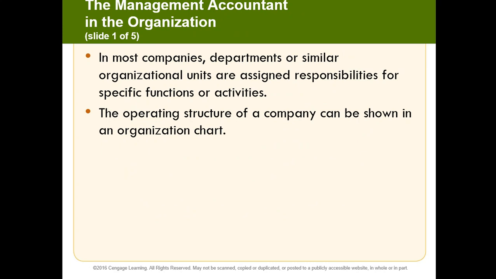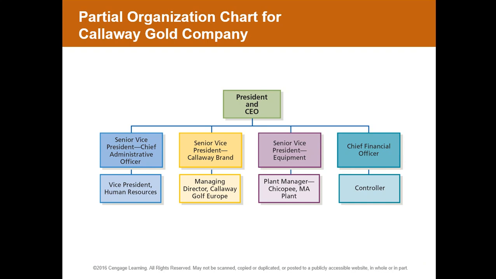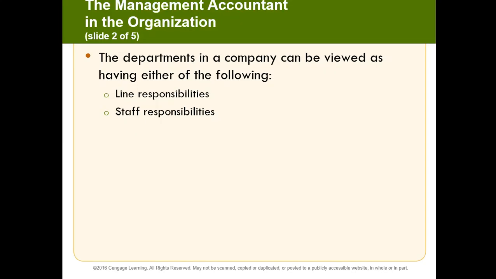In a management accounting organization, there's a good chart. Here's a little, it's not the full flow chart, but a small piece of Callaway Golf Company. And the president and CEO is right up there at the top, and then you have all of your different divisions that fall below that.